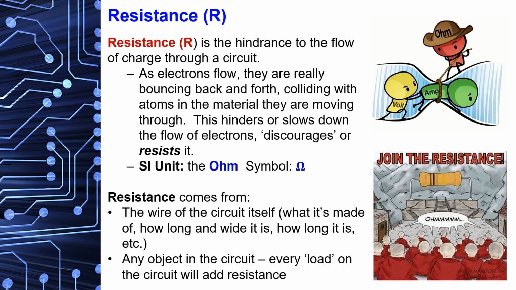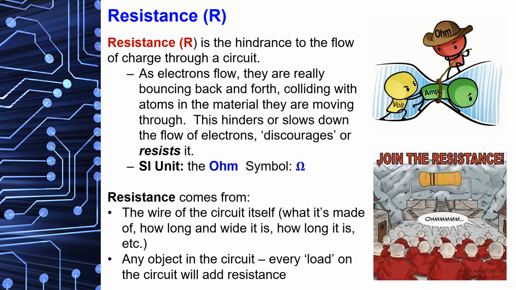This is why, I don't know if you've noticed this, but sometimes wires and stuff will get warm or hot when they are conducting electricity, when they have a flow of electrons in them. And that's because every time those electrons smack into a molecule or another atom, that releases a little bit of energy as heat. And so you get all those electrons going, you get a lot of heat that's released.